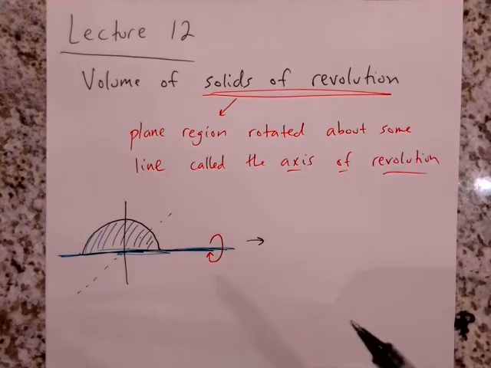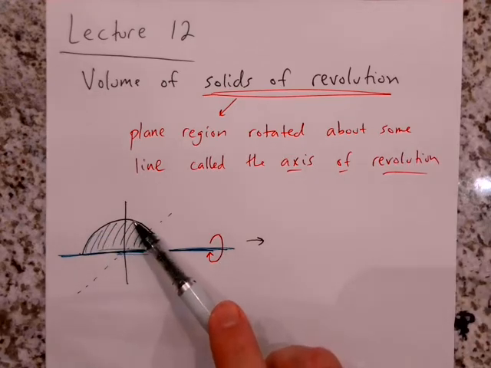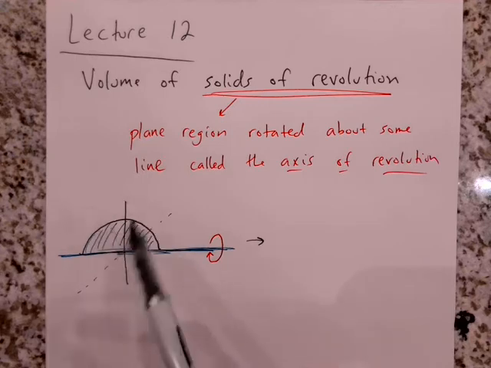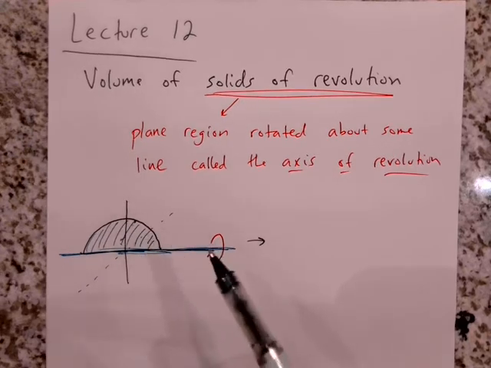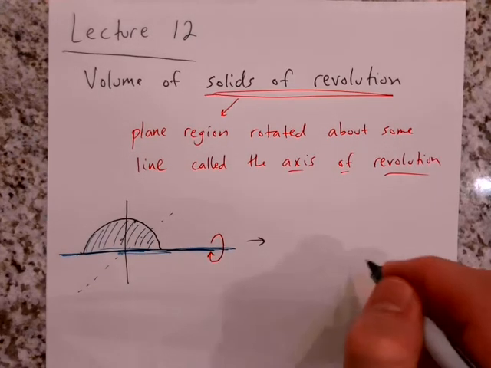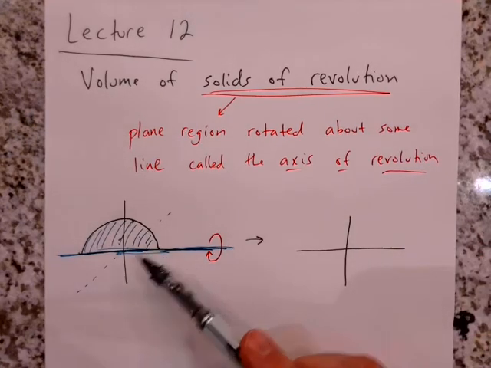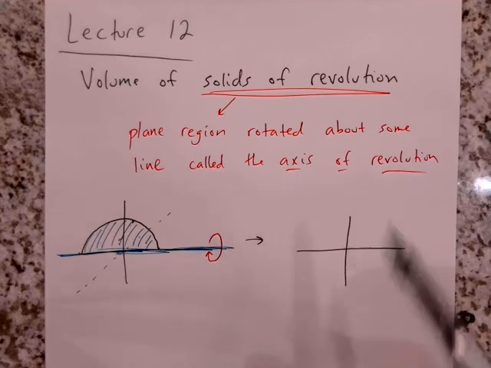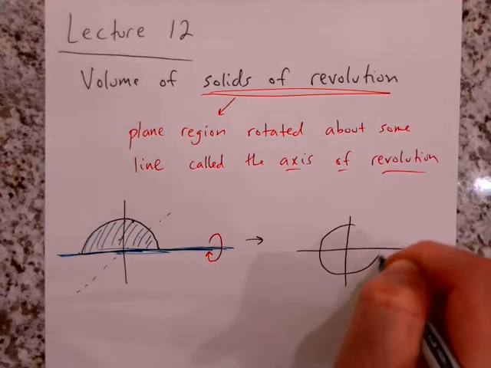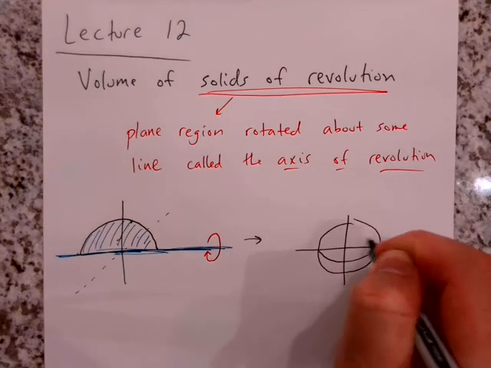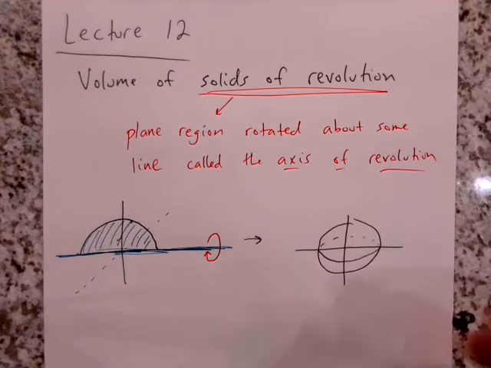So it's not just a shell. It's not just this line being rotated and you have a hollow inside. This region is being rotated. And so you have a solid figure. And when you rotate a semicircle about its center, it gives you a sphere. That's my sphere.